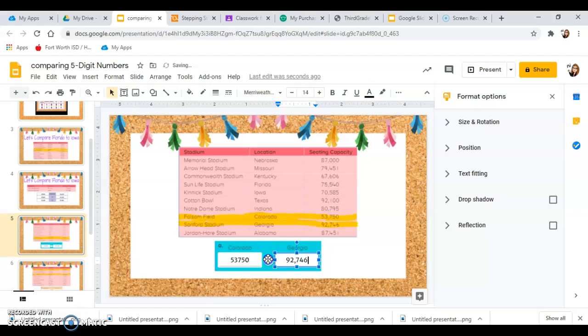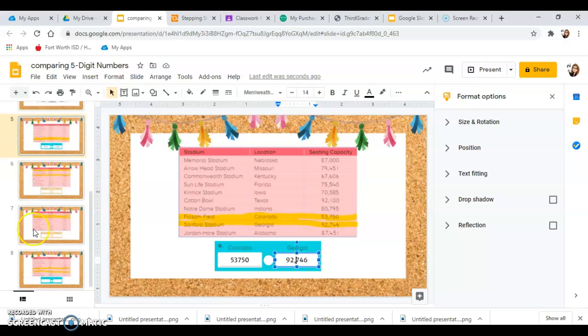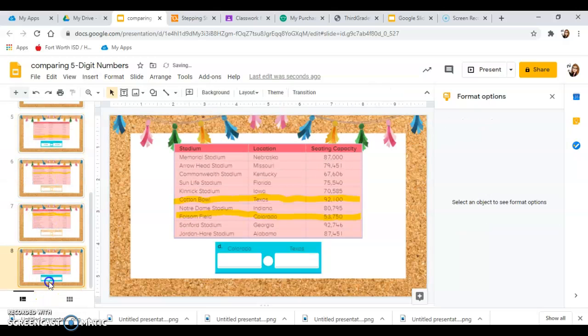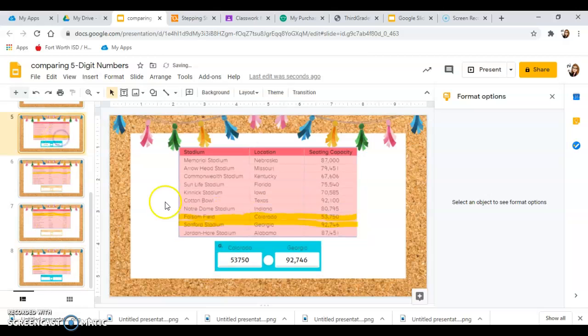And in the middle, I need to put the symbol to make it true. So if I put this symbol, will it be the correct symbol? Perhaps it's this symbol. Or perhaps I think they're equal. You need to put the correct symbol to make your number sentence true. You will do that for the last 4 slides in your presentation. And when you have finished your last 4 slides, you are finished and you may turn it in.